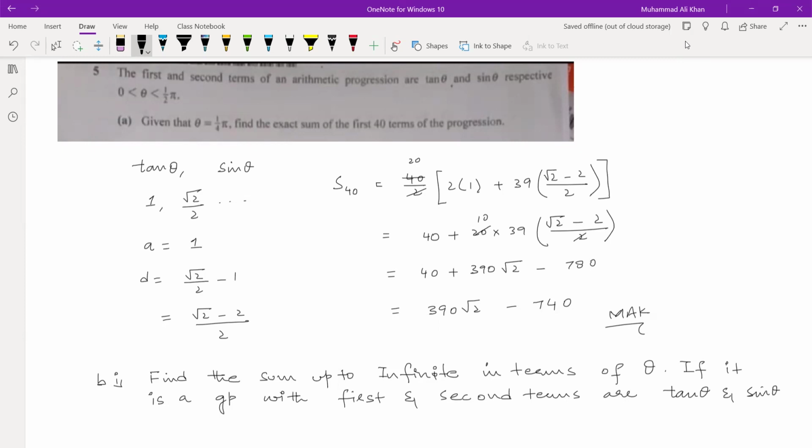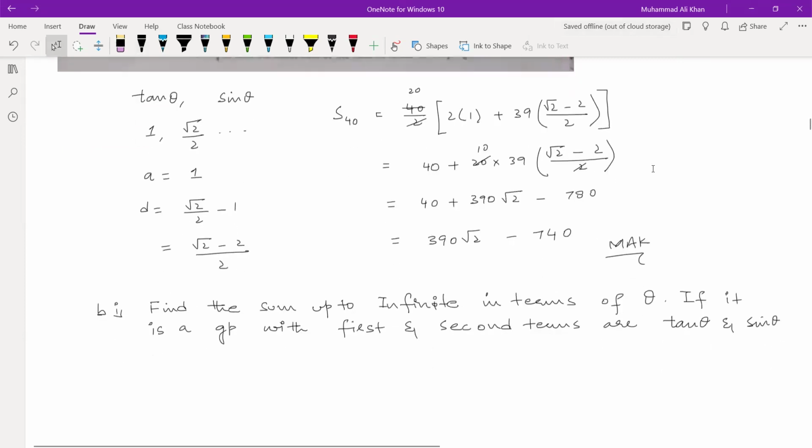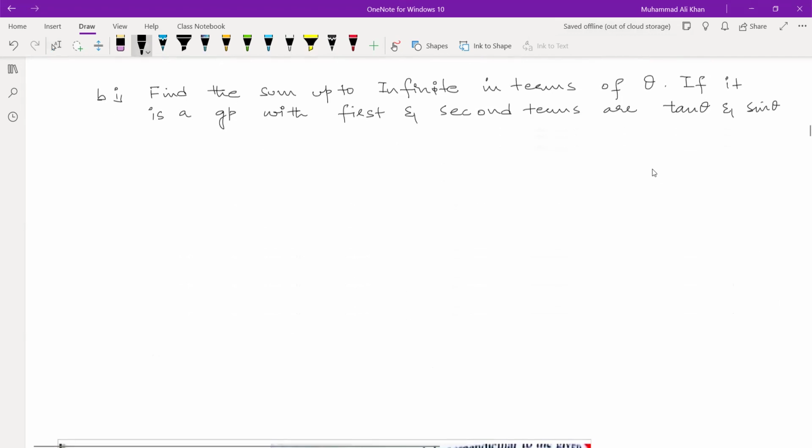Now, we have to calculate the sum up to infinity in terms of theta.